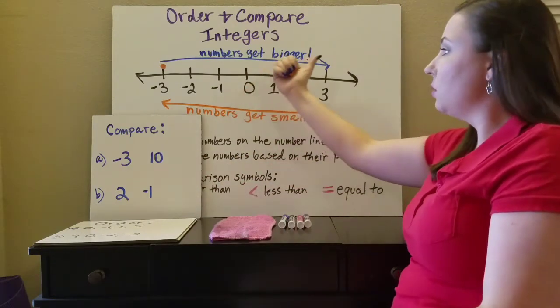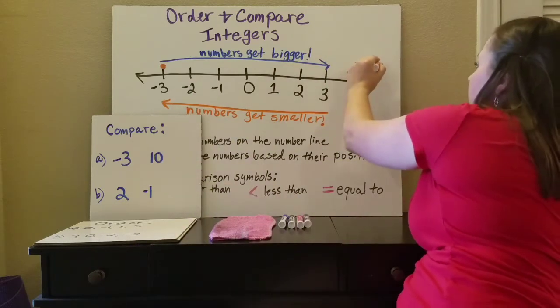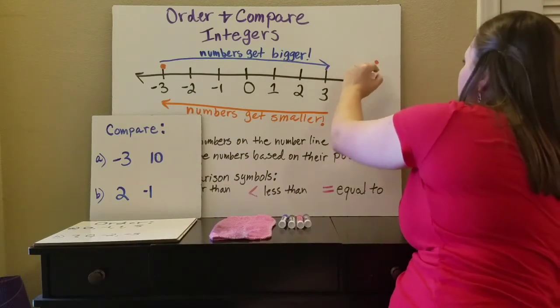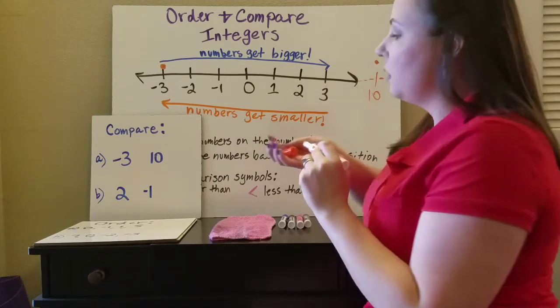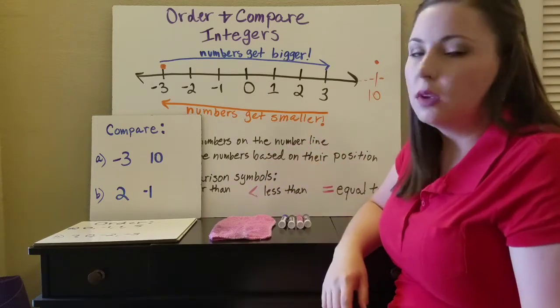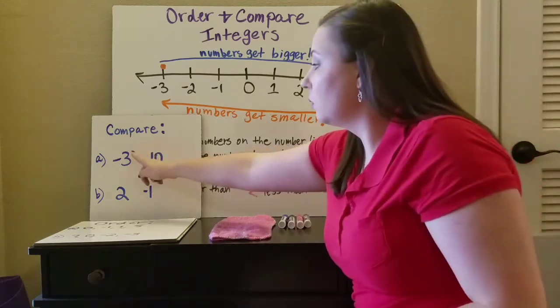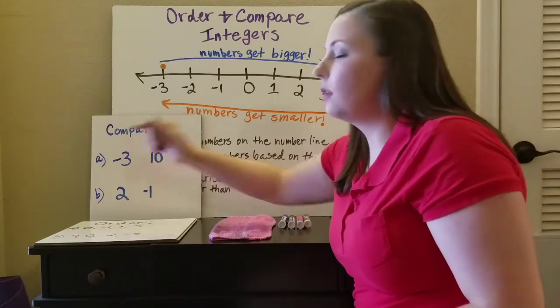It's going to be somewhere on the number line over this way, right? So we'll just put a circle out here. That would be where +10 would be on your number line if you continue it on. So now we need to decide which way the alligator is going to go. Is -3 greater than 10, or is 10 greater than -3?